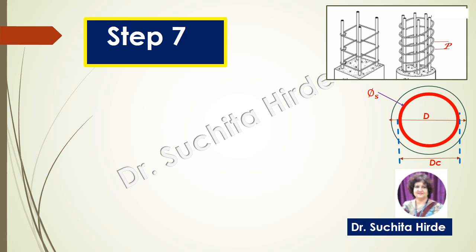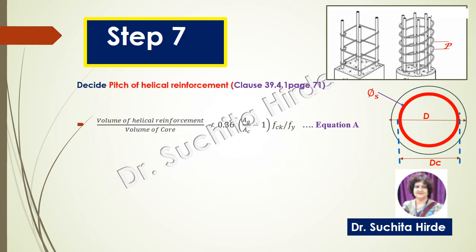is diameter of helix. Now in that clause in IS code, this formula is given. Ratio of volume of helical reinforcement to volume of core should not be less than 0.36 (Ag upon Ac minus 1) fck upon fy. Now let us understand what we mean by volume of helical reinforcement, that is the numerator. Volume of helical reinforcement is equal to pi (dc minus phi s) into As.